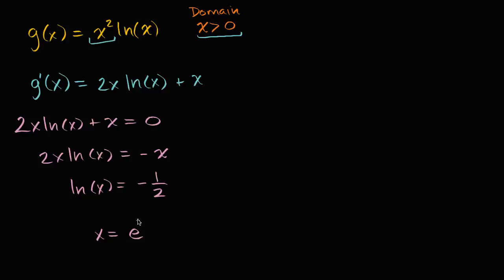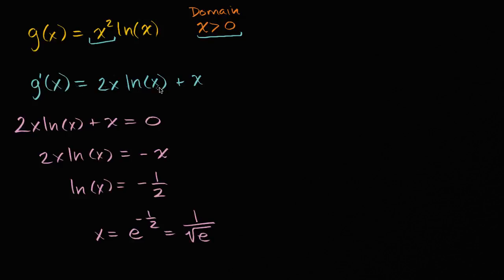So e to the negative 1/2, or 1 over the square root of e. So that's a point at which our derivative, I should say, is equal to 0. It is a critical point or critical value for our original function g. And that's the only place where g prime is equal to 0.